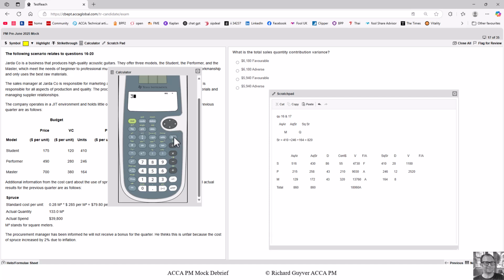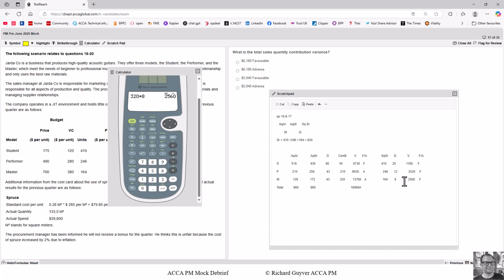And this time the contribution is 320 and the difference is 8, so it's 2560. Are these favourable or adverse? Well, the actuals, we use this column, are greater than the standard. It's true for all of them, and that is what we'd expect because either the yield is greater or the yield is less.